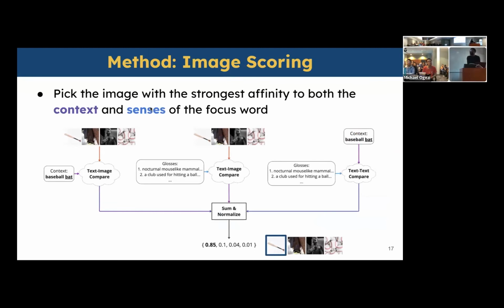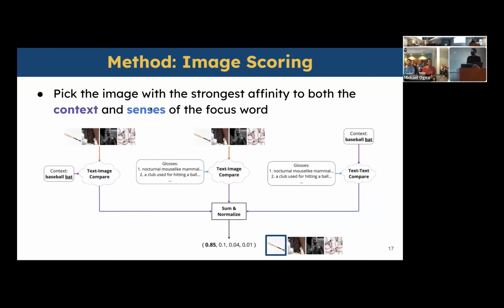So what is our method? Our method has 3 components, and we simply want to pick the image with the strongest affinity to both the context and the senses of the focus word. We want to compare context to the images that we have to choose from.